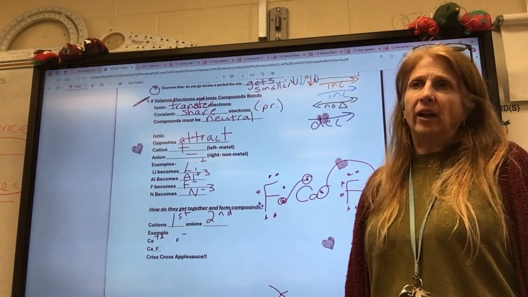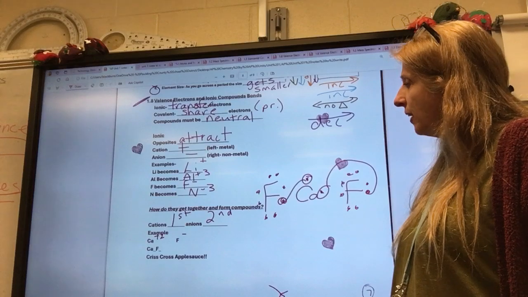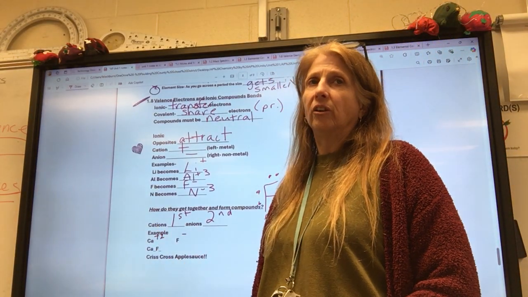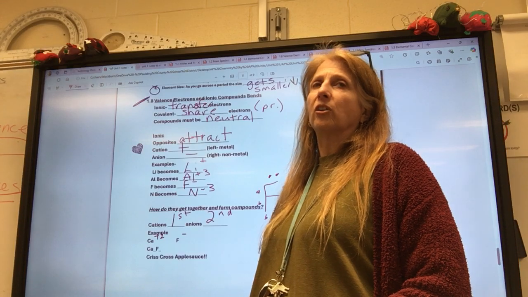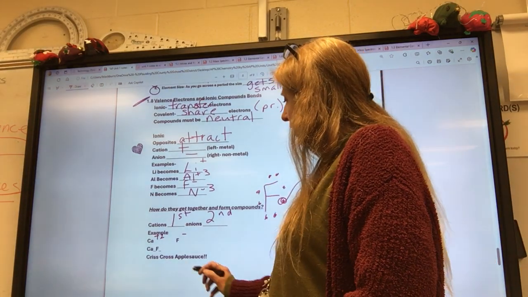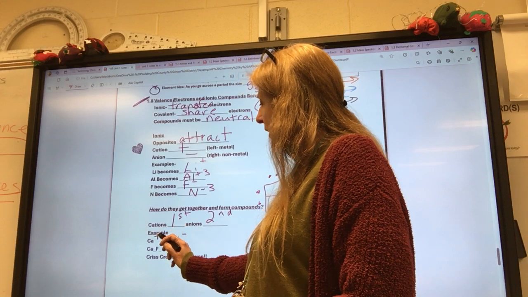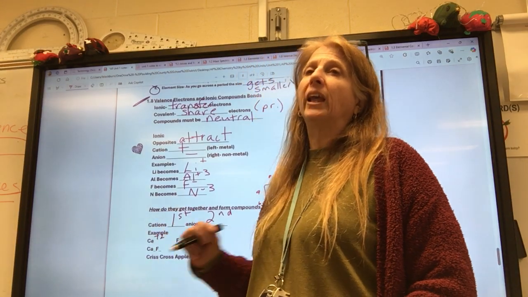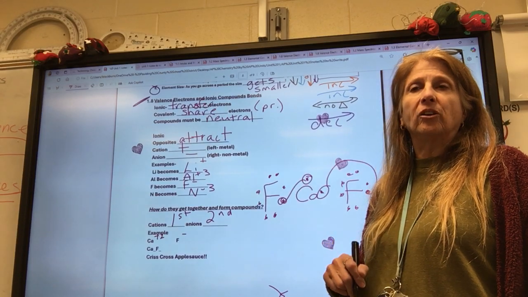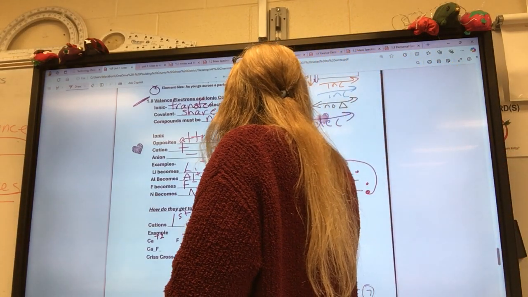Now, you really don't have to think about this, because how it works out is if you just crisscross the charges, Mr. Meyer used to call it swap and drop. I call it crisscross applesauce. But each of them will get what is the superscript of the other one. It will get it as the absolute value subscript. Now, what do I mean by that?